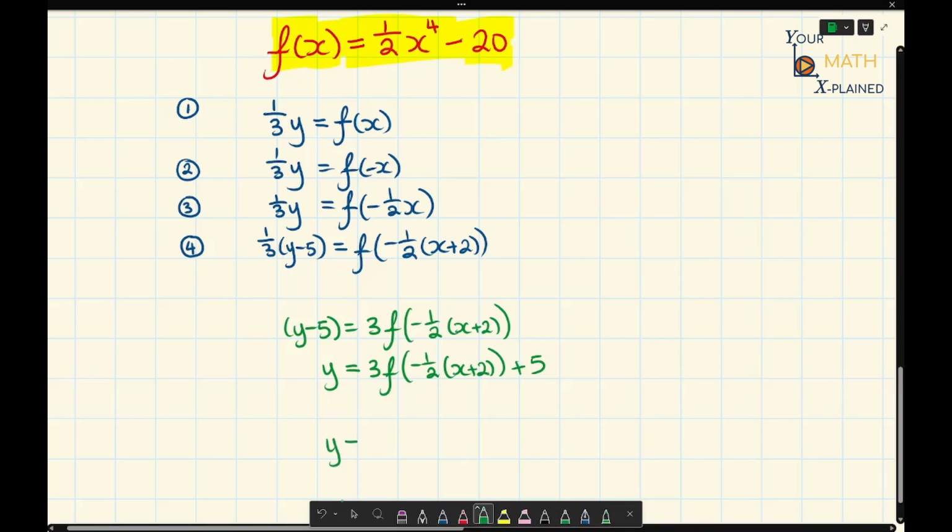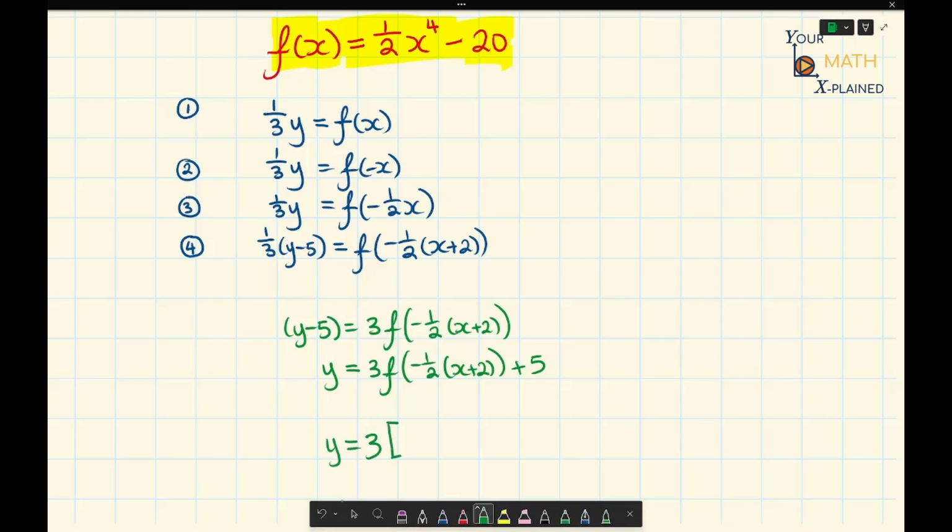y is equal to 3 times 1/2, and the x here is going to get replaced by negative 1/2 x plus 2 to the power of 4 minus 20 plus 5.